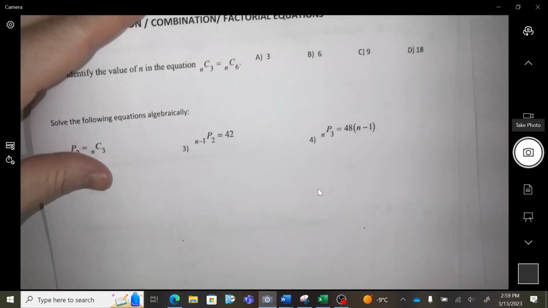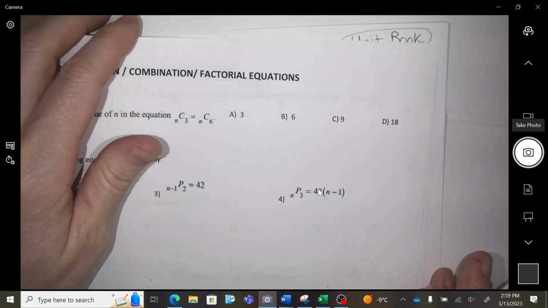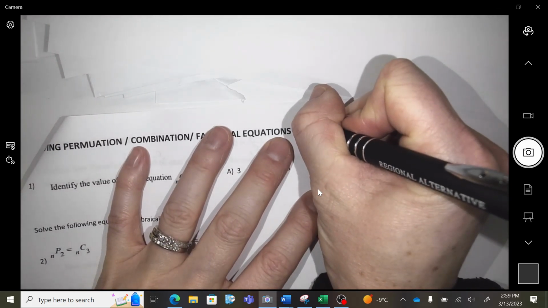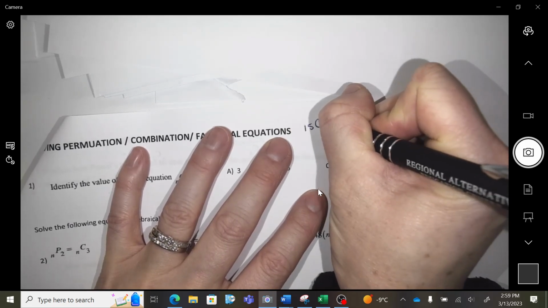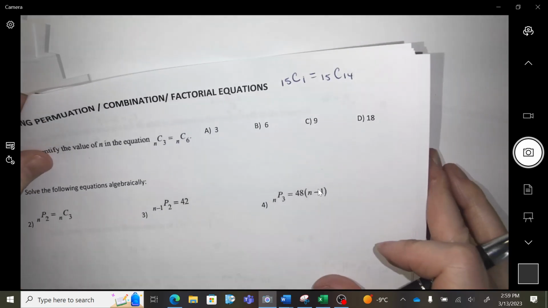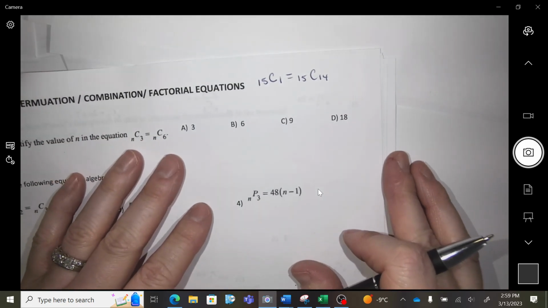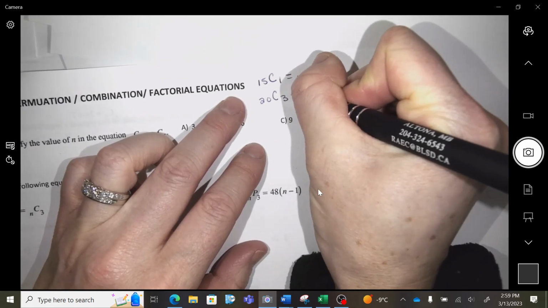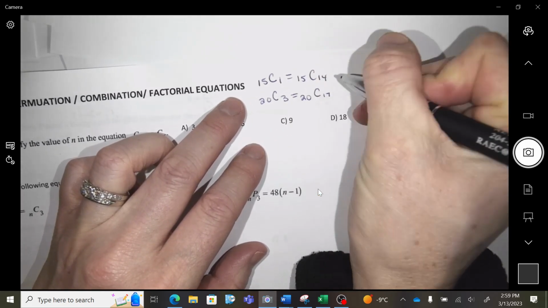Okay, I'm going to just give you a different example, and then you're going to answer 1. So 15 choose 1 object is the same as 15 choose 14. 20 choose 3 is the same as 20 choose 17.